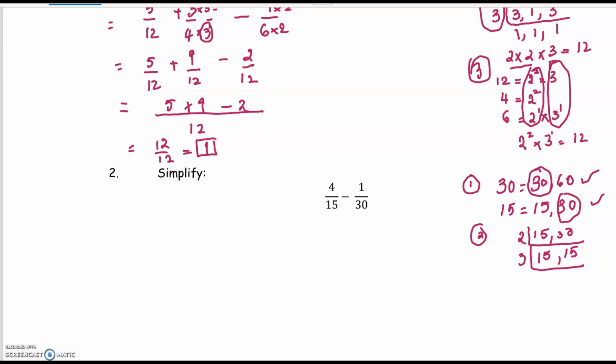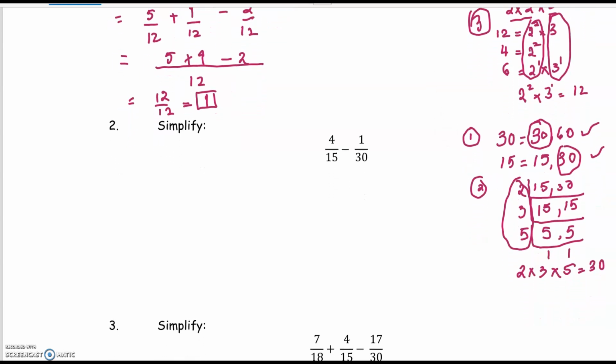The next larger prime is 3. 3 times 5 is 15. And then finally, 5 goes into both once, and then we have the LCM, which is 2 times 3 times 5, which is the same as 30, same as before. But we're just reviewing the 3 methods so we don't forget.